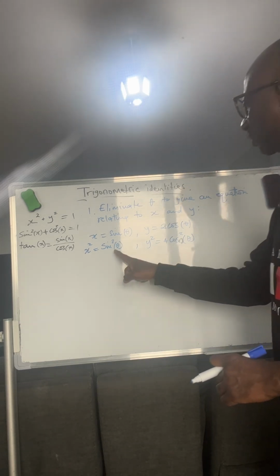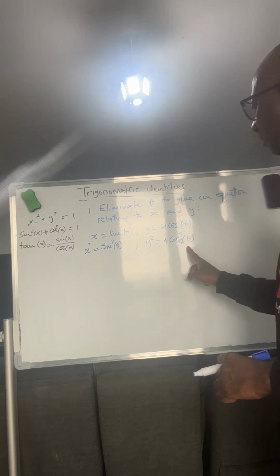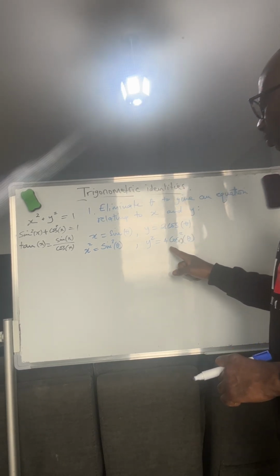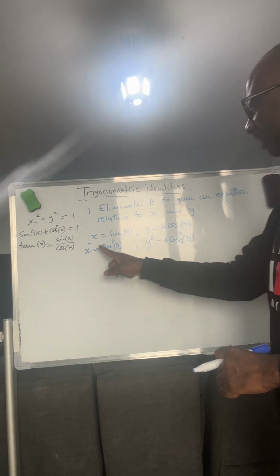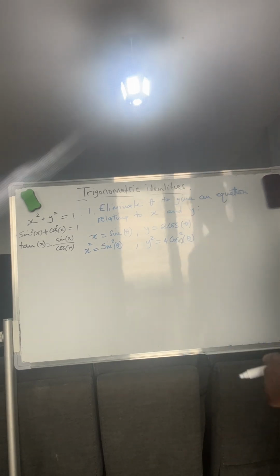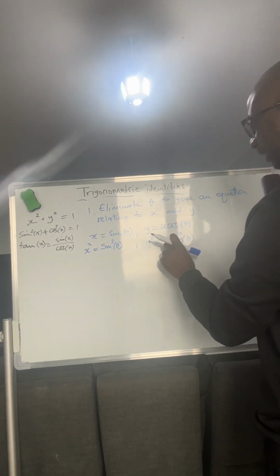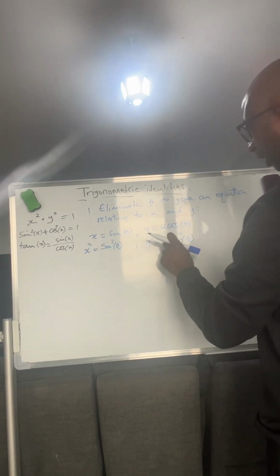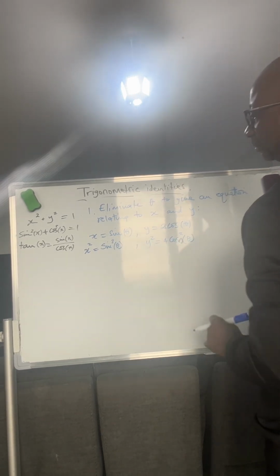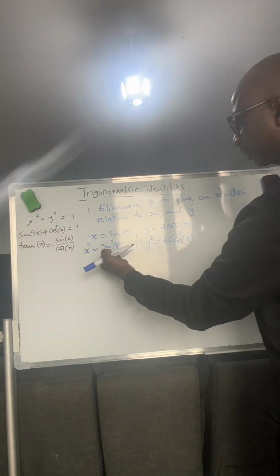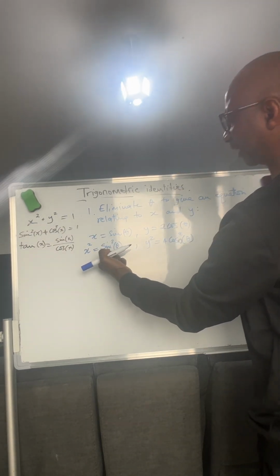And we need sine squared theta plus cos squared theta to get 1. You can't have 4 cos squared theta when there is nothing here. So we need to include a constant here. Here we have 1, we have 4. We've got to make them the same for this relationship to hold. Which means we need to multiply this by 4.